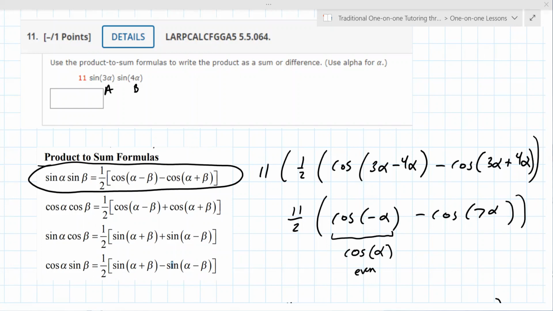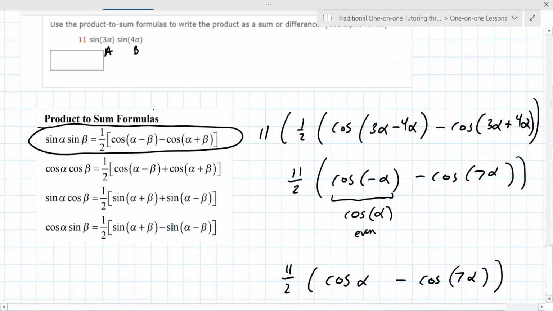Well, that's awful. Jamie, did you already do number 11 for this one? Yeah. What did your answer look like? Because the only thing that would have changed is this 11 here. Mine was 9 over 2 times cosine alpha minus cosine 7 alpha. Yeah, that's what it was.